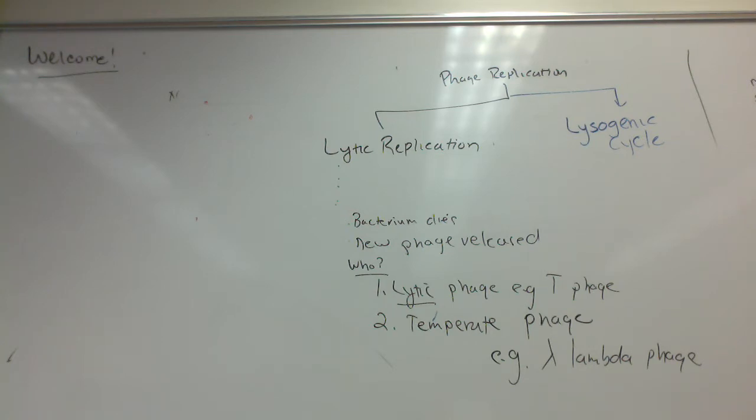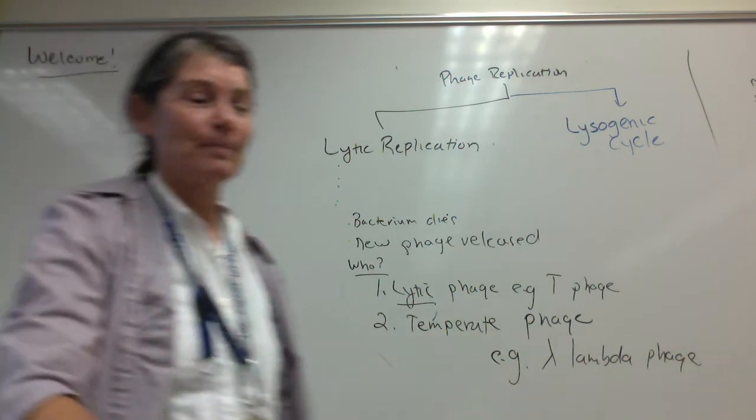The bacterium just figures the phage DNA is part of its chromosome. So whenever the bacterium is going to divide in two, it copies the chromosome, it copies the phage DNA. And so a copy of the chromosome and phage DNA are passed down to all the daughter cells. And folks, this is going to happen generation after generation after generation. This is crazy, right?